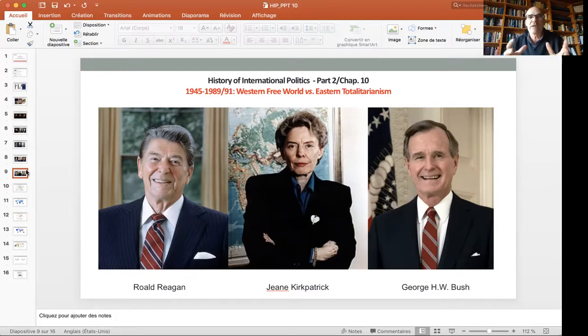So America here was not an empire of liberty, which it was at home. It was an empire for liberty, in order for America to maintain its domination in these parts of the world that it considered to be threatened by the communists.